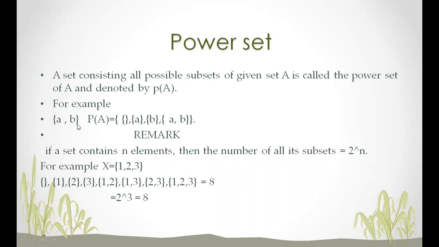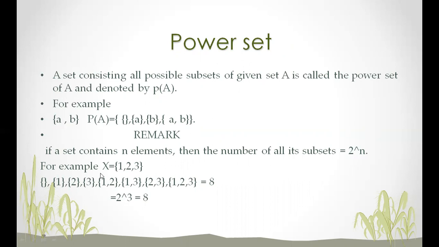For example, {a, b} has 2 raised to power 2, meaning 4 subsets. Then we write the subsets of {a, b} and put them in a bracket, then it is a power set. Now see some important remarks. If a set contains n elements, then the number of all its subsets is 2 raised to power n, which we studied already.